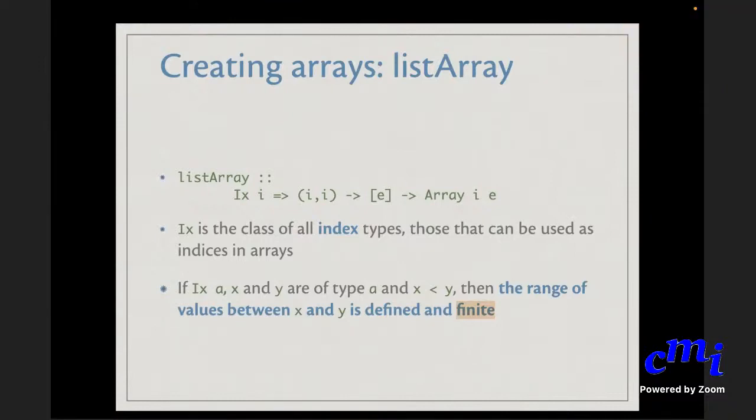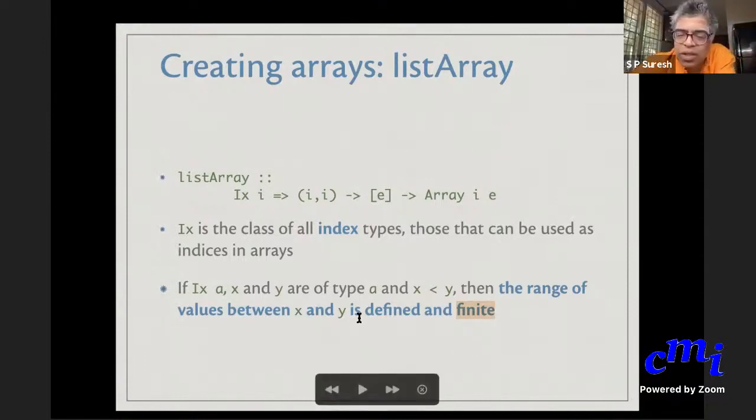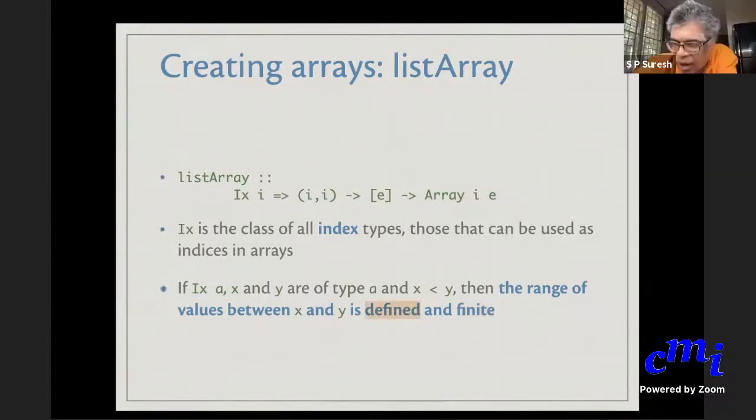There is no notion. In case of functions, there is also no notion of ordering, right? Yes. So there should be a notion of ordering between X and Y on the type A. That is what I mean by the range of values between X and Y should be defined, and it should be finite.